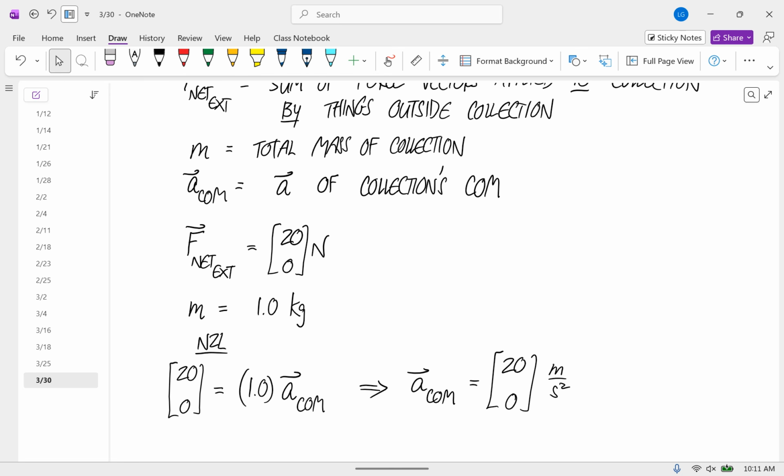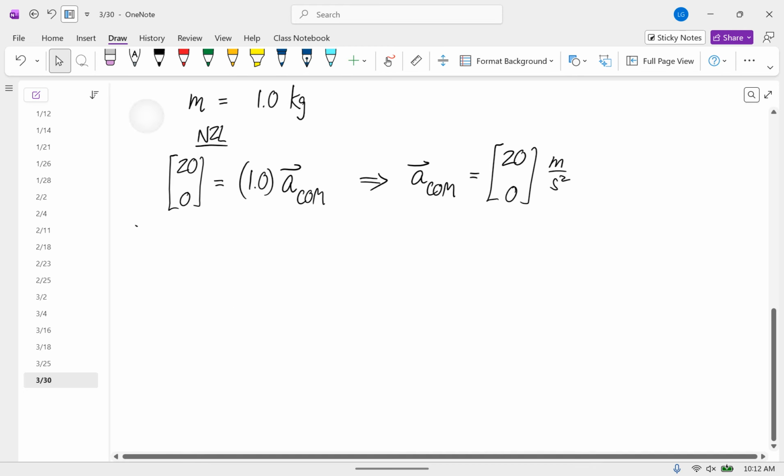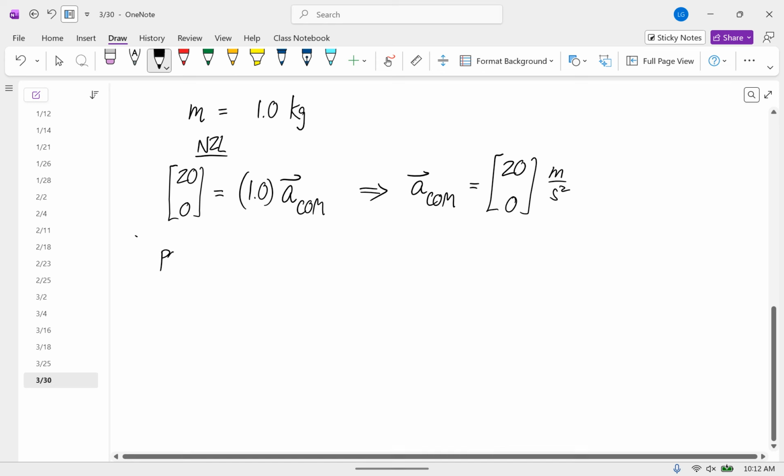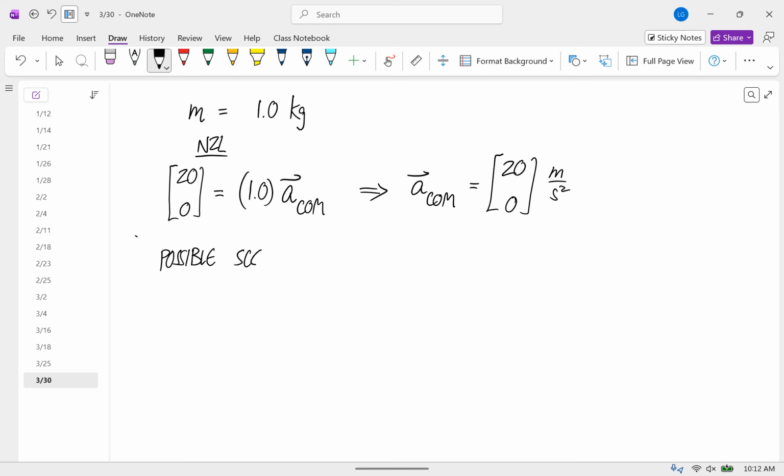So let's think about a few different possible scenarios. The first one is, okay, what if all of these balls are in contact and you apply this force to one of them?